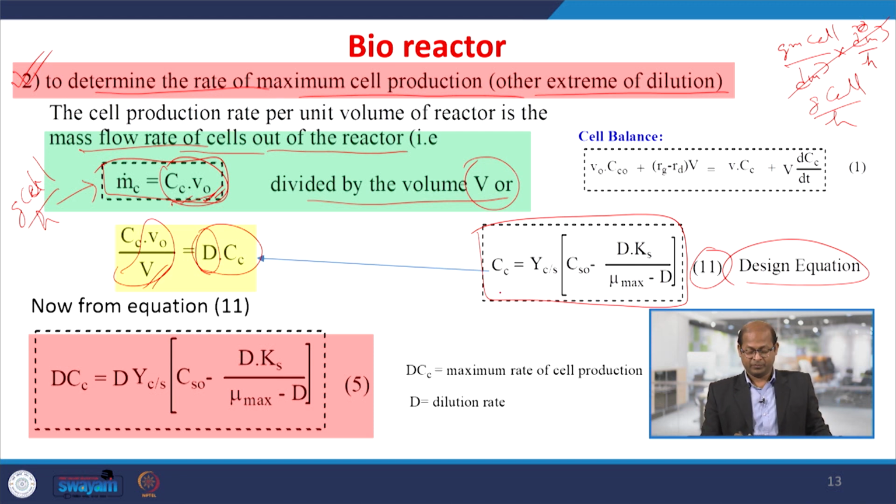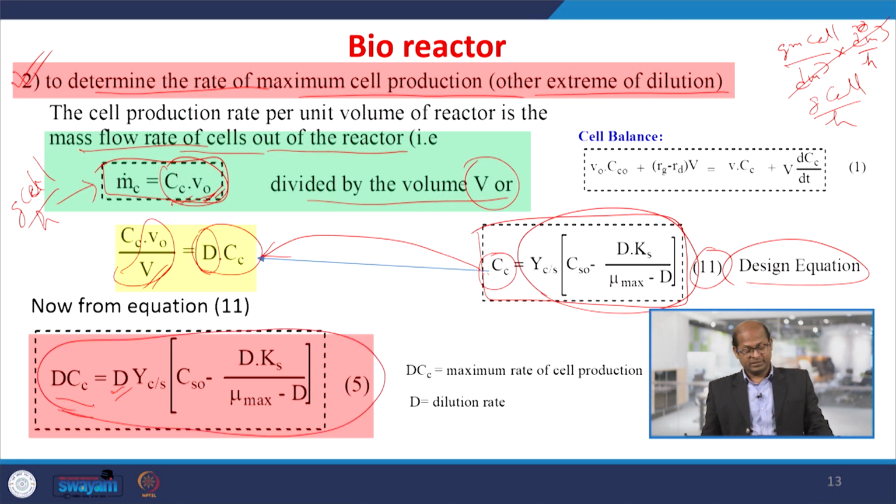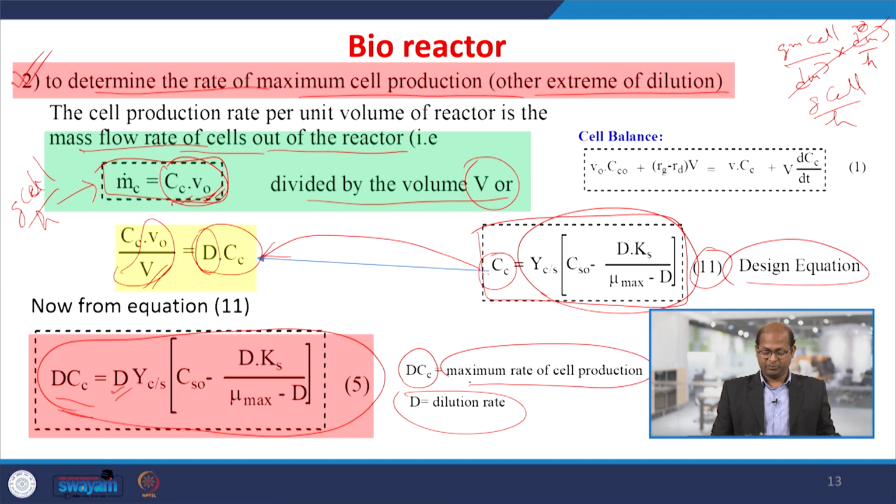If we substitute this Cc from the design equation here, then dCc is on the left hand side, and on the right hand side d remains there, and Cc would be this.